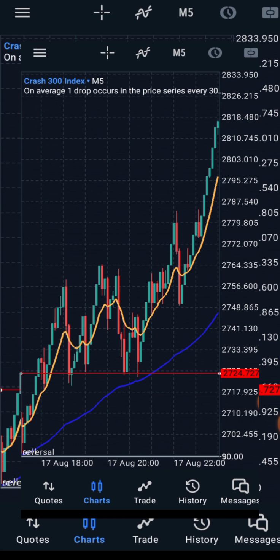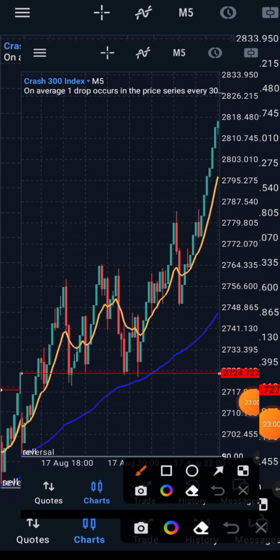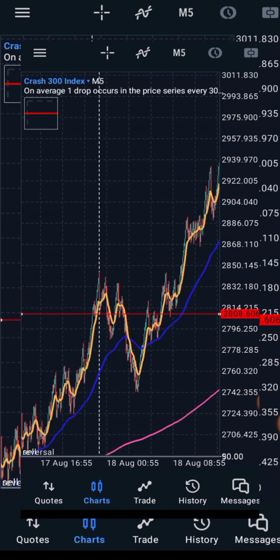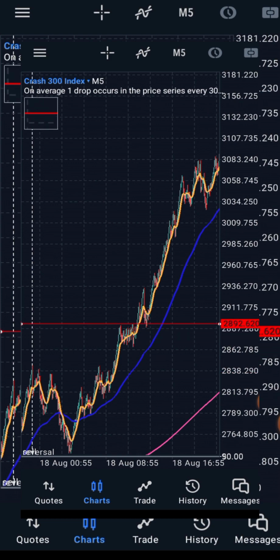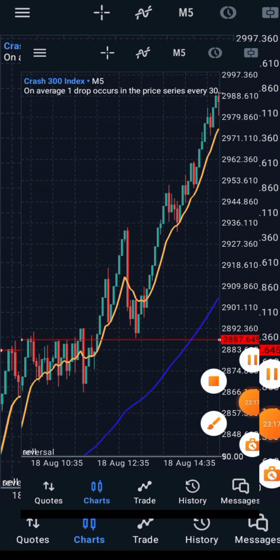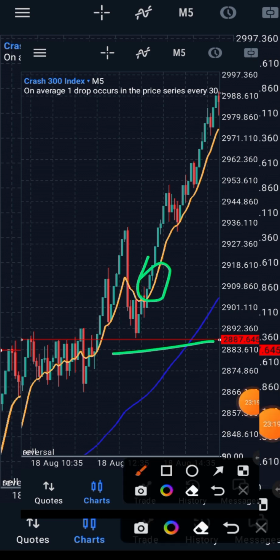Market closing above. You buy any of this zone and place your stop loss below here. You will make money. The same thing will happen around this zone. Didn't get it. This was another one. The market broke, crossing over. Place your stop loss here, you make money.